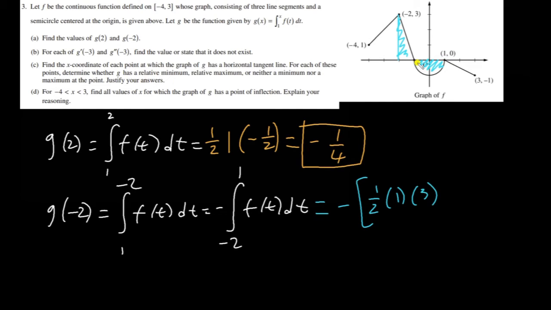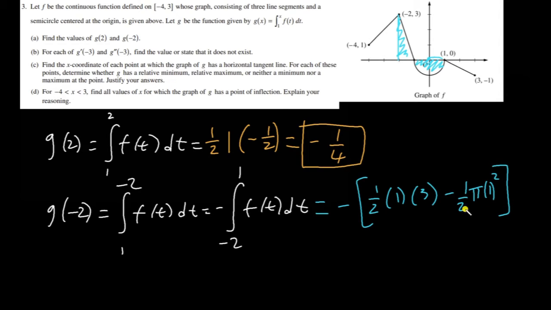And then we're going to subtract the area of the semicircle, because it is under the x-axis. So we'll be subtracting, and then the semicircle, instead of pi r squared, we're going to do 1/2 pi r squared. So 1/2 pi, and in this case r is going from 0 to 1, so the radius is 1. So pi r times 1 squared.